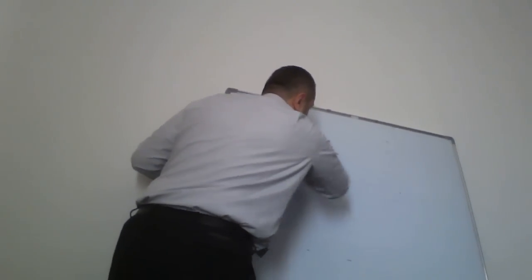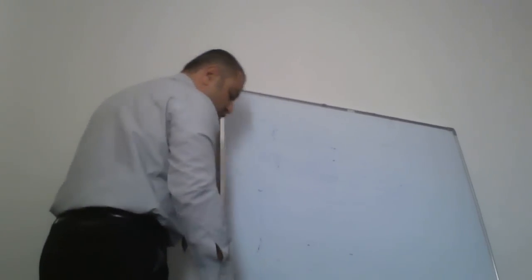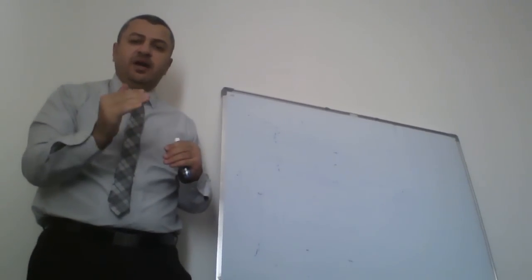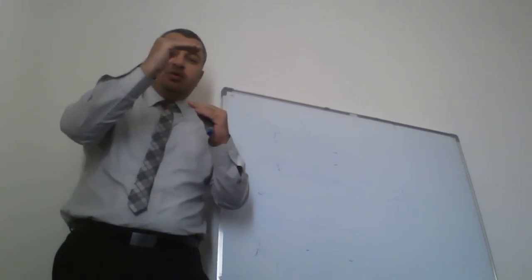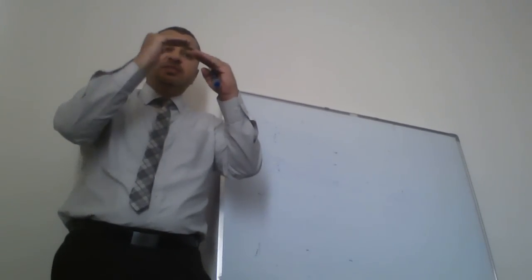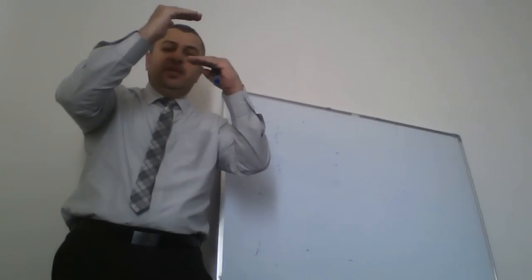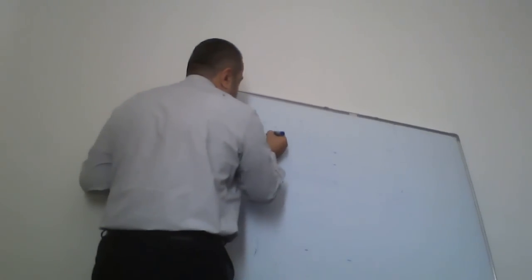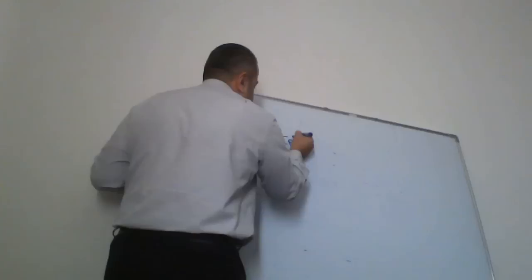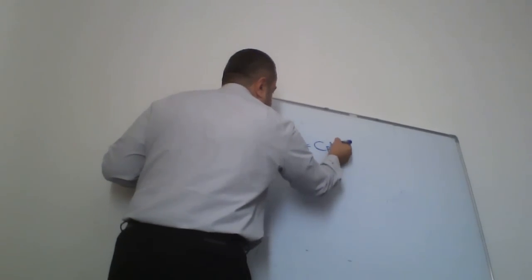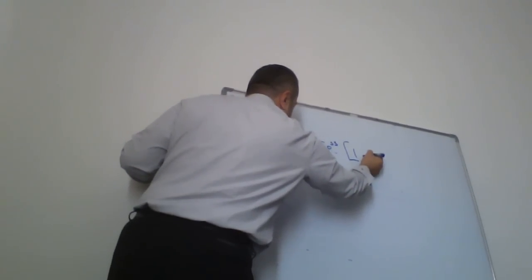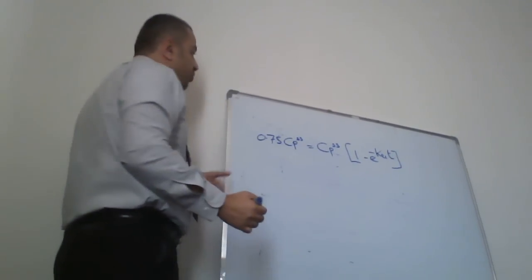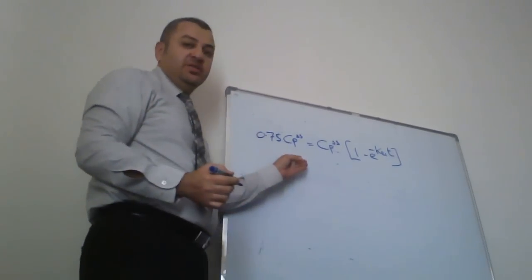In the same way, you could calculate how much it will need to reach 75% of the steady state. We reach 50, that is half the steady state. Then 75. 75 is in the middle between 50 and 100%. So 0.75 of the CPSS will be equal to CPSS multiplied by 1 minus e to the power of minus KLP t. So when are we going to reach 75%?